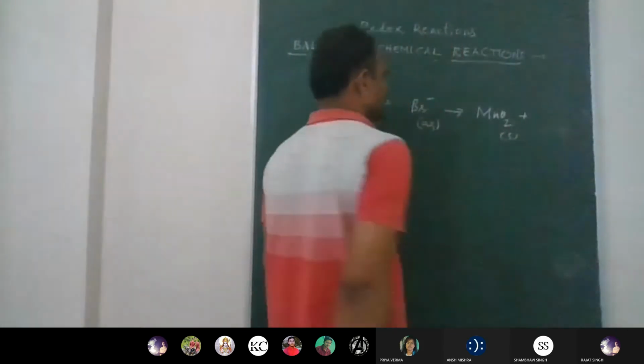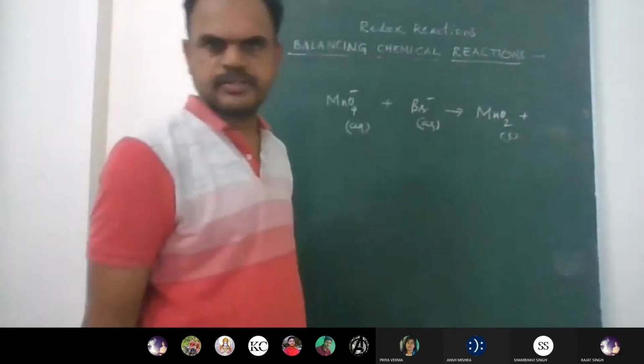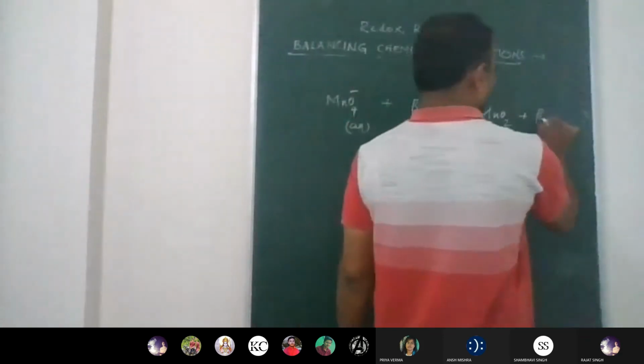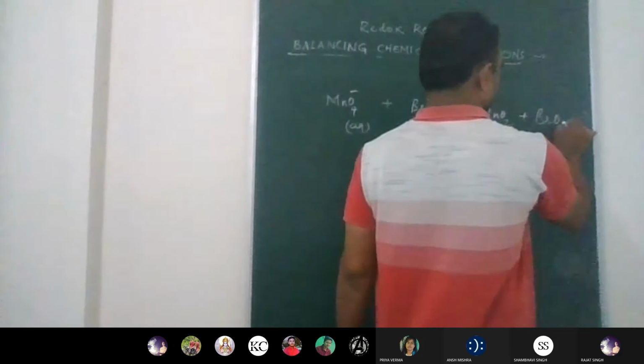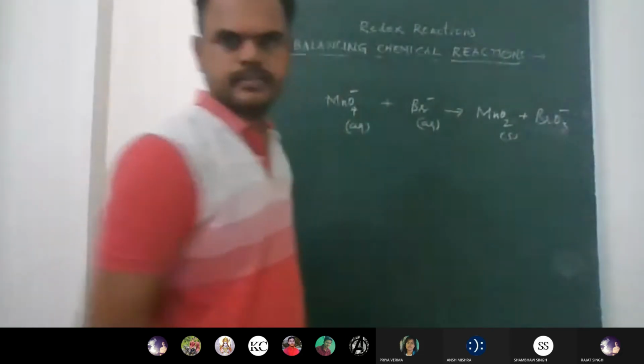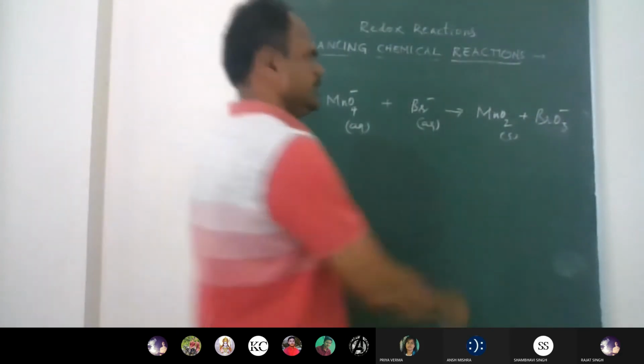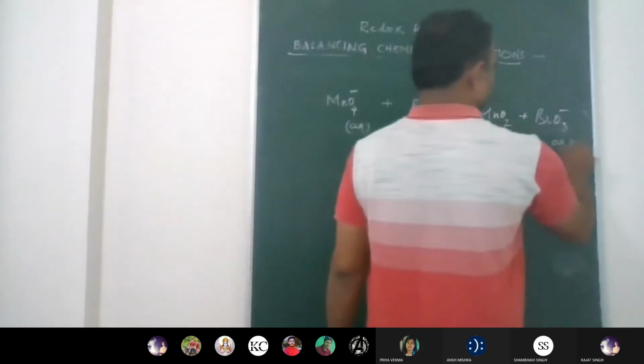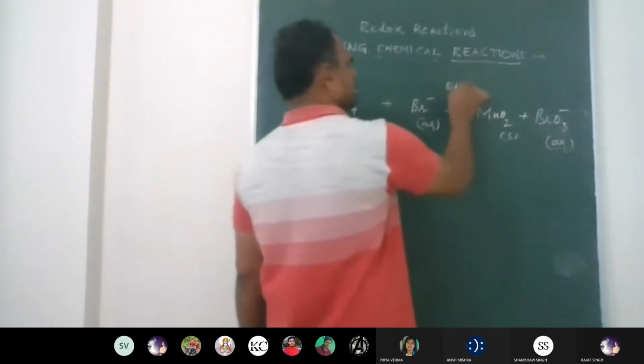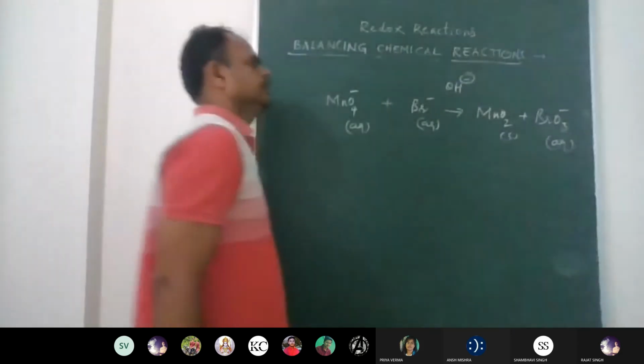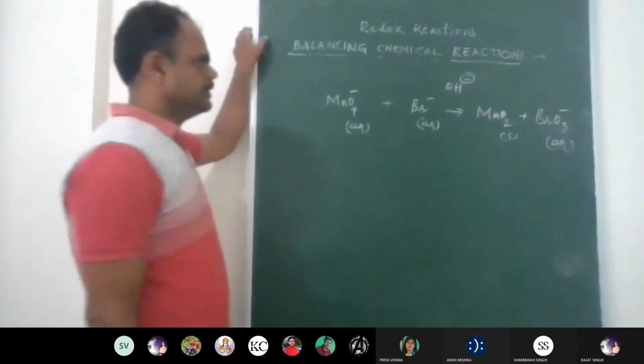MnO2 solid will form, plus Br minus will be changed into BrO3 minus. So this is aqueous form, and this reaction is done in basic medium.